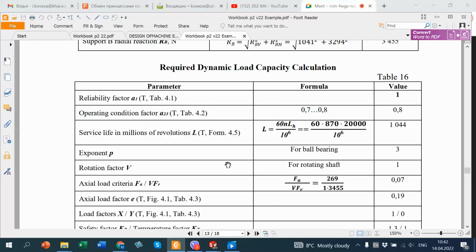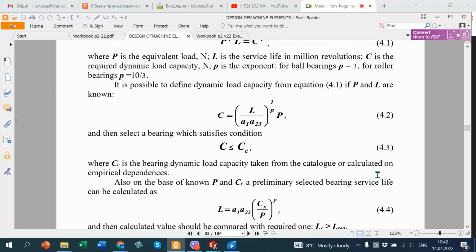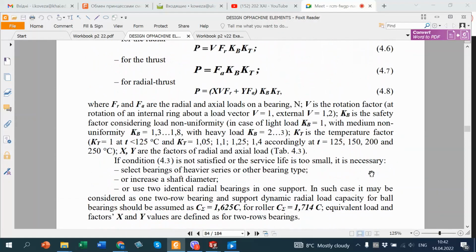Rotation factor for rotating shaft. It means that according to our mechanism, we have rotational movement of shaft. V is the rotation factor.